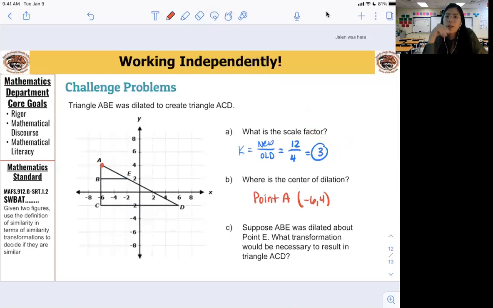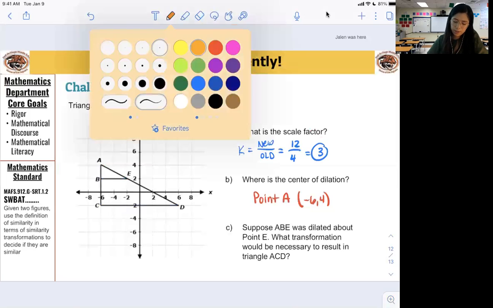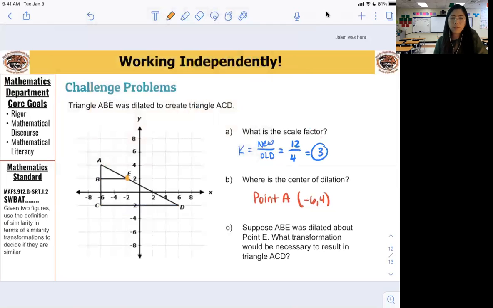Okay. Now, suppose that ABE was dilated about point E. So it's telling us, let's say that E was the center of dilation. What transformation would be necessary to result in triangle ACD?